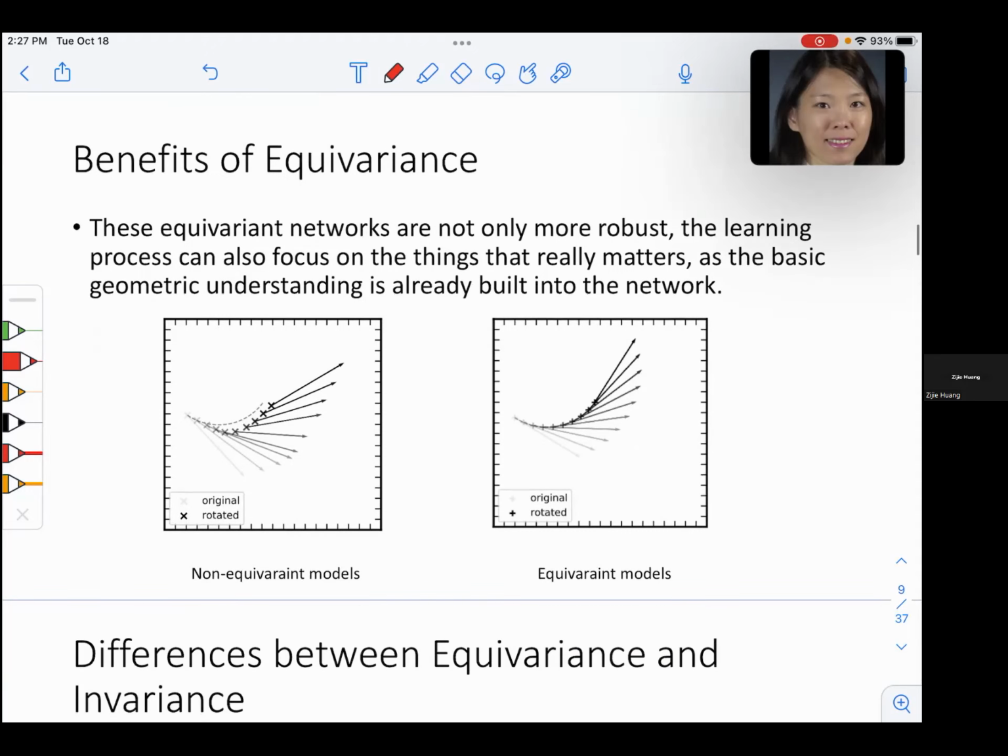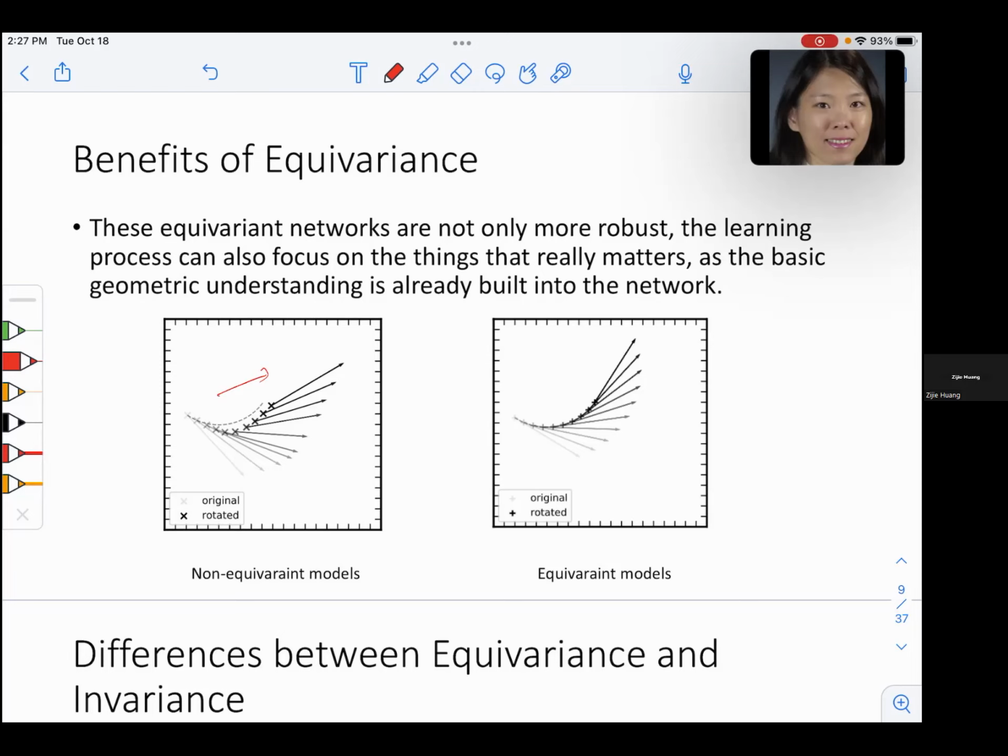The following two figures show a comparison of non-equivalent models and equivalent models. The dashed line is the ground truth. For non-equivalent models, because the prediction is based on learning from massive data without directly encoding such a mathematical guarantee for equivalence, there are some errors when we rotate the input, and the predicted output does not rotate 100% the same as the input.